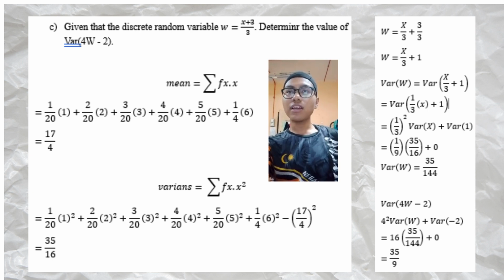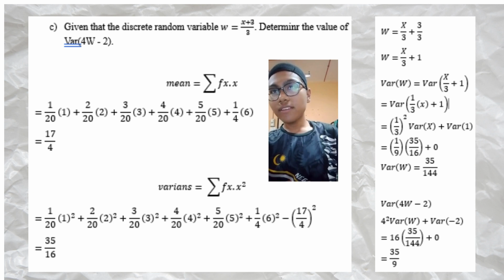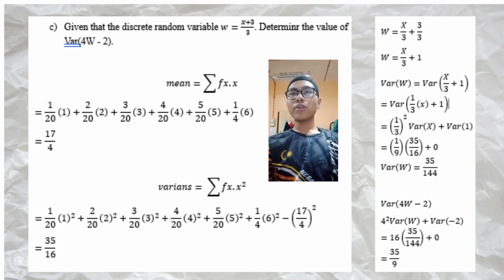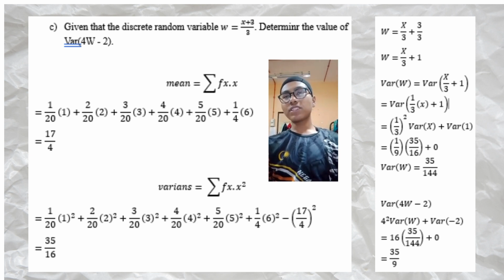After we take out the 1, it becomes variance X plus variance 1. So it becomes 1 over 3 square times variance X plus variance 1. Because variance 1 is equal to 0, it becomes 0.